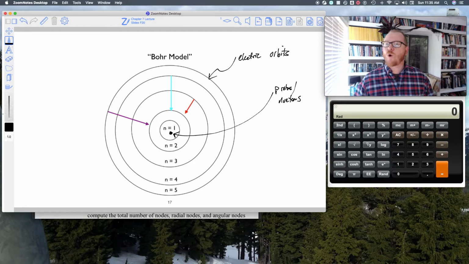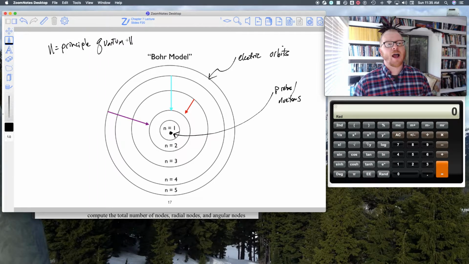Okay? And these orbits are given by what we call n, the principal quantum number. I know we use n for number of moles, but we also use it to describe what's called the principal quantum number, which gives us these electron orbits about the nucleus.